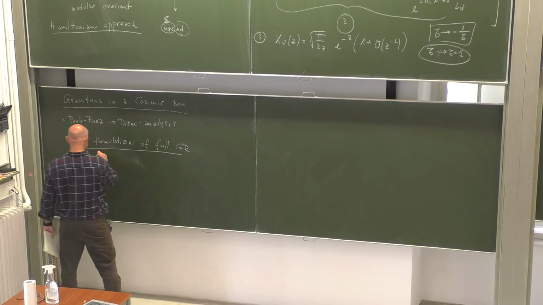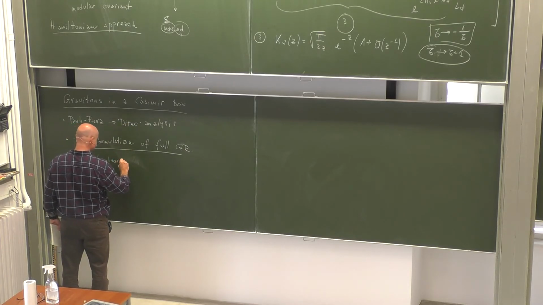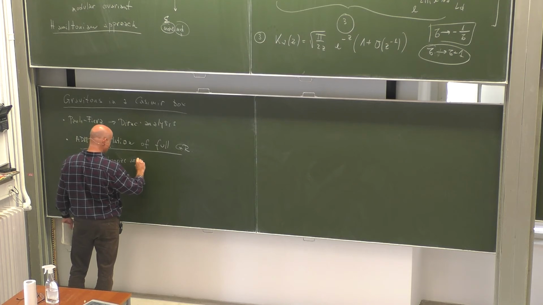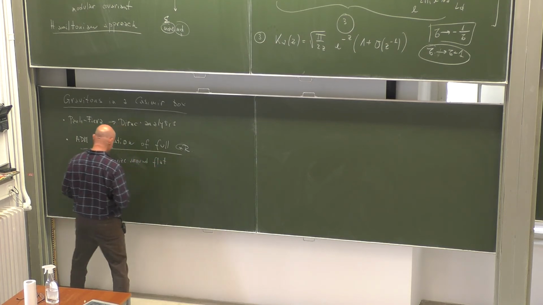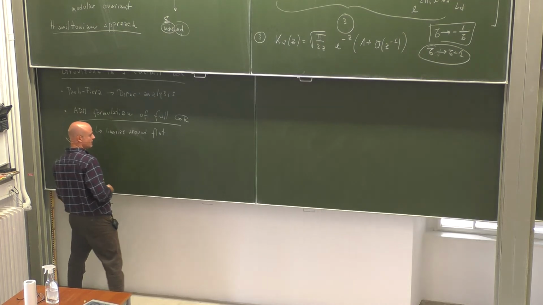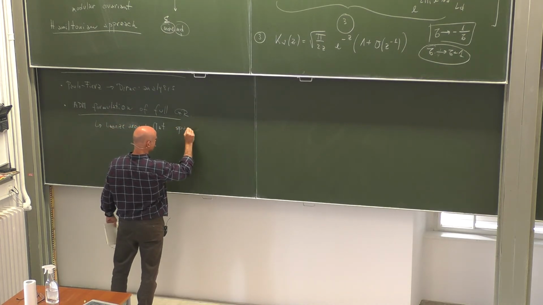So you take this and you linearize around flat space, or any curved background for that matter.